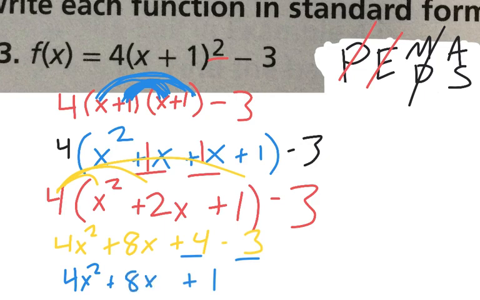I must have the same variable raised to the same power to combine like terms. So no, I cannot. That's standard form. Put that in calculator. So now I've taken a parabola in vertex form, and I've converted it to be in standard form.